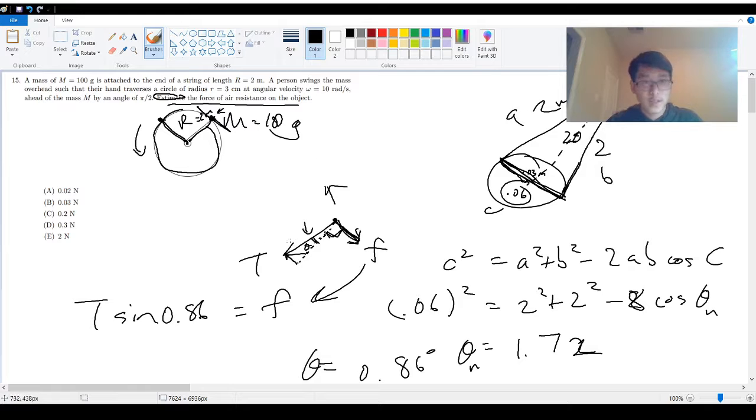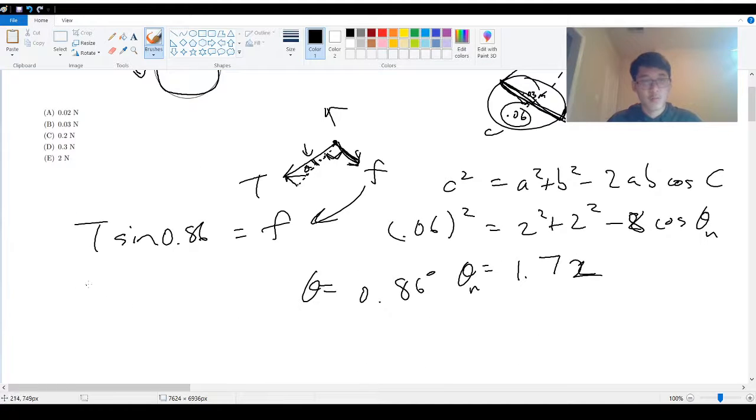And what is this tension right here? Well, we know that it has an angular velocity of 10 radians per second, right? So first we have tension times cosine of 0.86, because that's actually the centripetal component, right? And that's equal to the mass times omega squared times r. This is just doing centripetal force calculations.